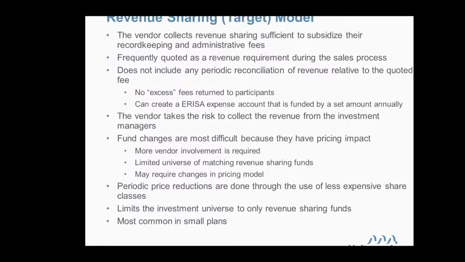In this model, it's the vendor who takes the risk to collect the revenue from the investment managers. If there is an internal shortfall, as in they haven't told you exactly what they want from you, it's the vendor who takes the risk, so they don't collect as much money as they'd hoped to.